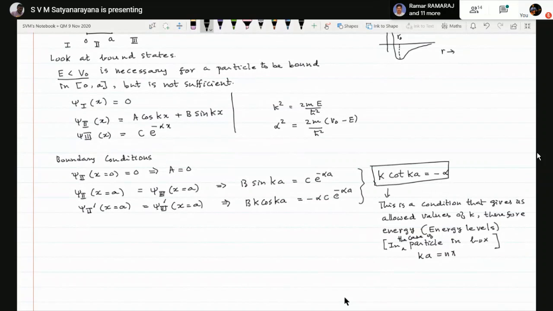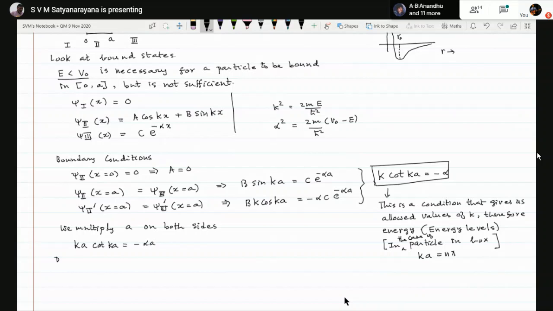So let us multiply A on both sides. Then we have K times A into cot Ka is equal to minus alpha.